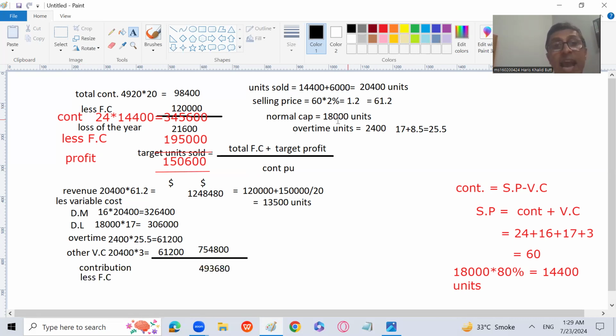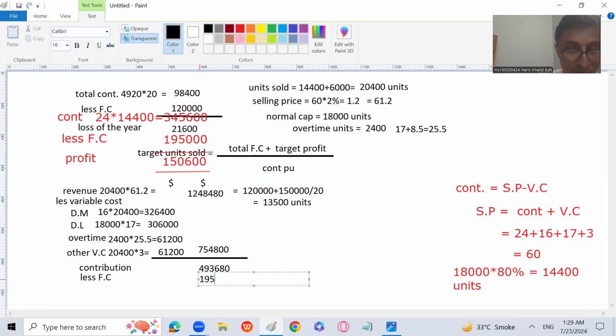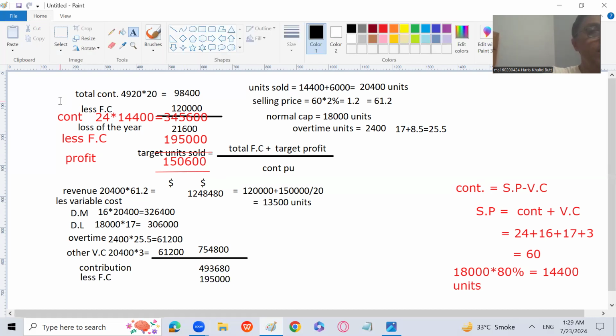But even at 18,000 units or 14,400 units or at a capacity of 20,400, fixed cost will not change. It will remain 195,000, because even if production has increased or decreased, fixed cost will not change with the change in the level of output unless it is given in the question.